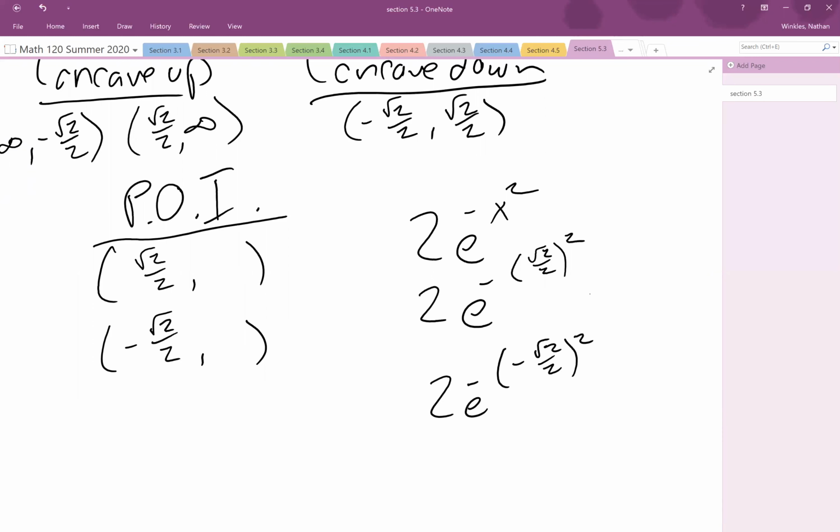So when we do that, we should get approximately 3.297 in each one of our cases here.